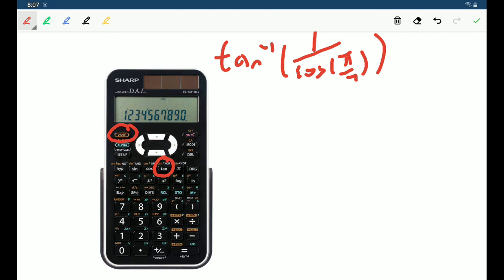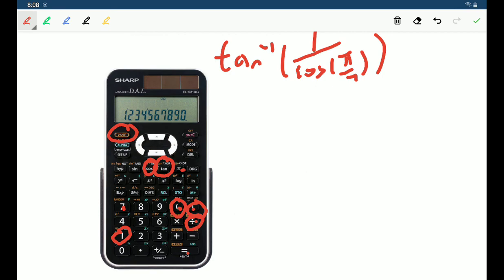So I would have bracket 1 over cosine. That would be 1 divided by cosine. And then we'll need brackets again. So bracket again, pi divided by 7, and then close our bracket, and then close our bracket, and equals. So, of course, remember to make sure that your calculator is in radians mode first.